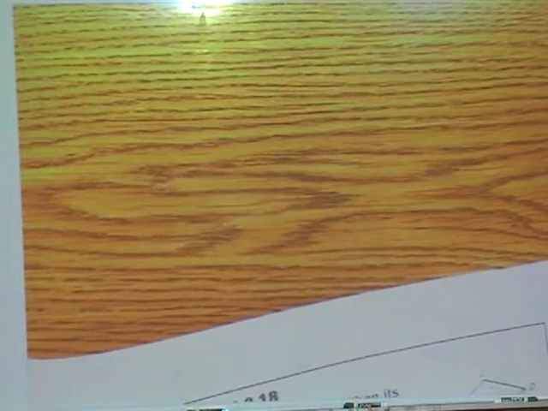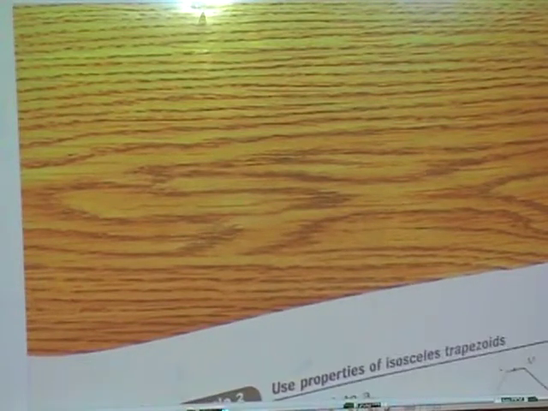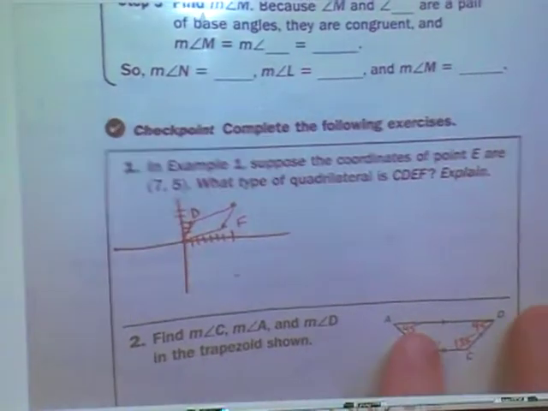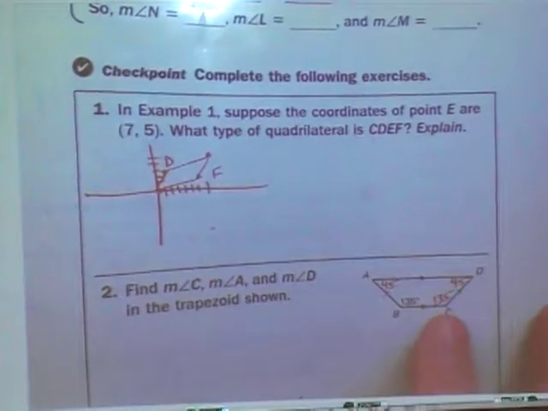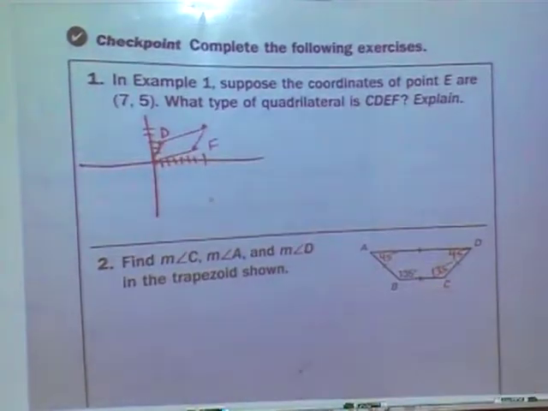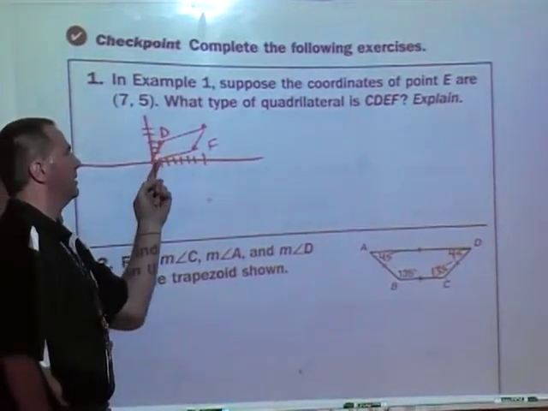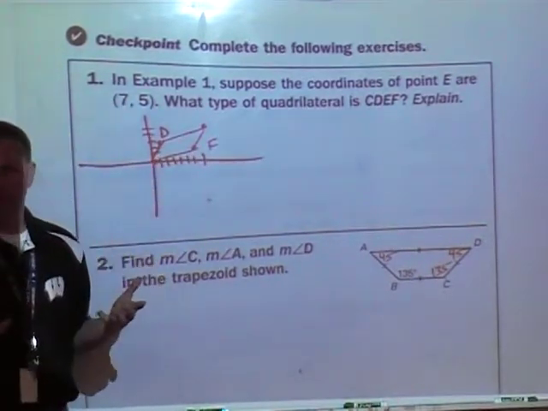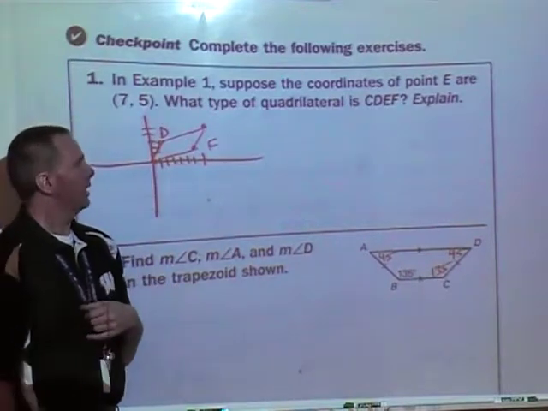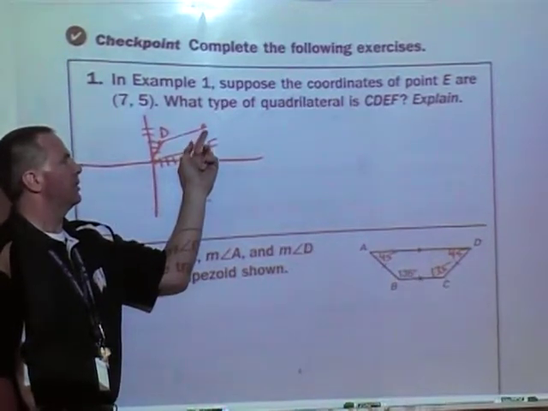I've already done part of it, but I'll pull out a few things here. Alright. So, in example 1, B, C, and F were labeled, if you have your note-taking guide out, you can look at it, and E was in a different position.